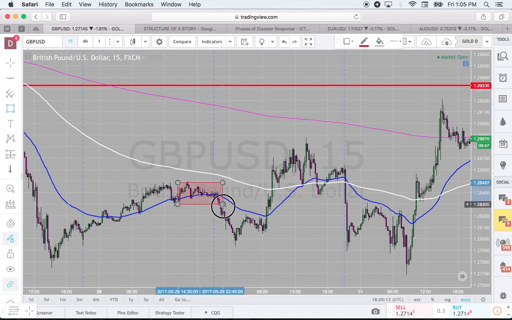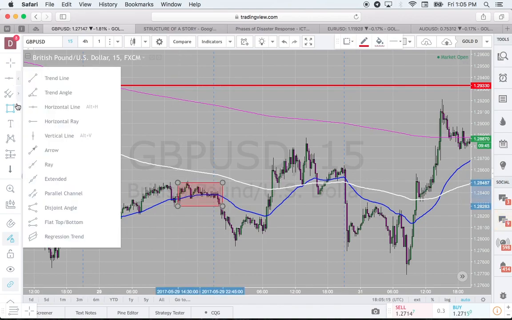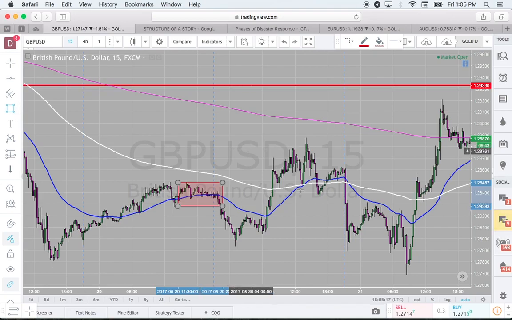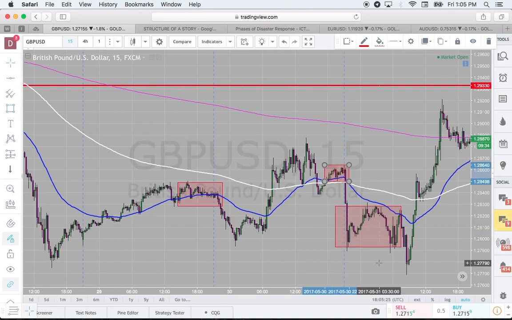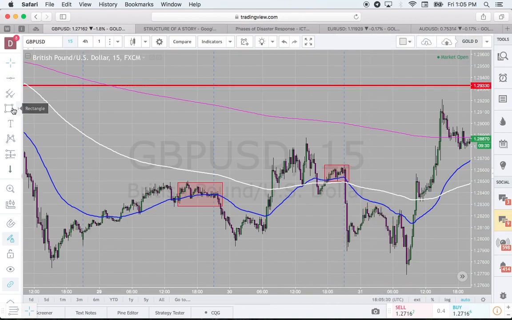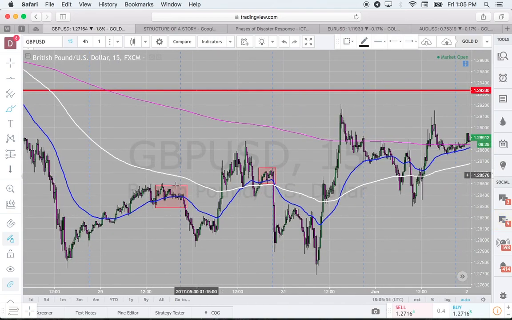We can see the consolidation here. Consolidation here. Or here as well. What happened? The same thing.